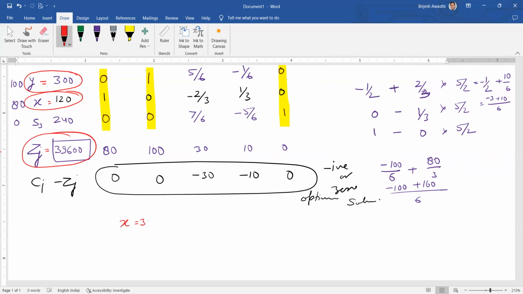X equals 120, Y equals 300, and our profit, Z, equals 39,600. It is our profit. And this profit is what? It is our maximum profit. We cannot earn a profit more than 39,600. Right. It is the highest profit. You got it, beta? Yes.